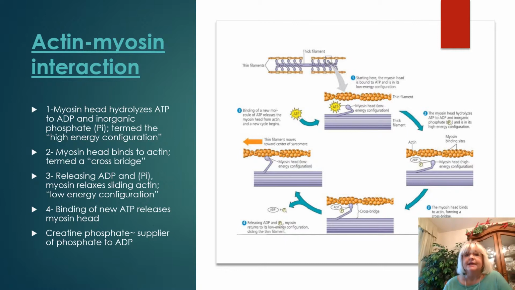Then releasing ADP and inorganic phosphate, the myosin relaxes the sliding actin, and this is called the low energy configuration. Binding of new ATP takes place, releasing the myosin head. The creatine phosphate is the supplier of phosphate to the ADP.